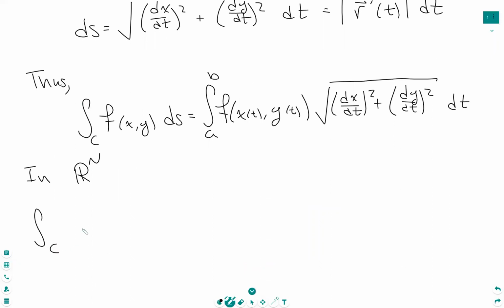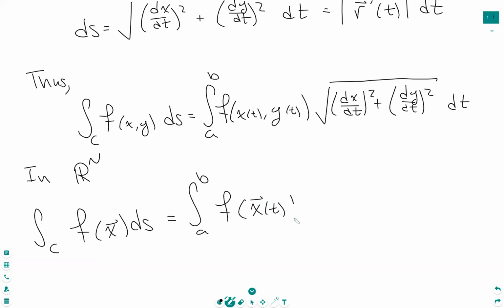We still might have some line integral over C of some function, or input x, y, z, and so on, ds, this is the integral from a to b of f with our parameterization times the magnitude of r prime dt.